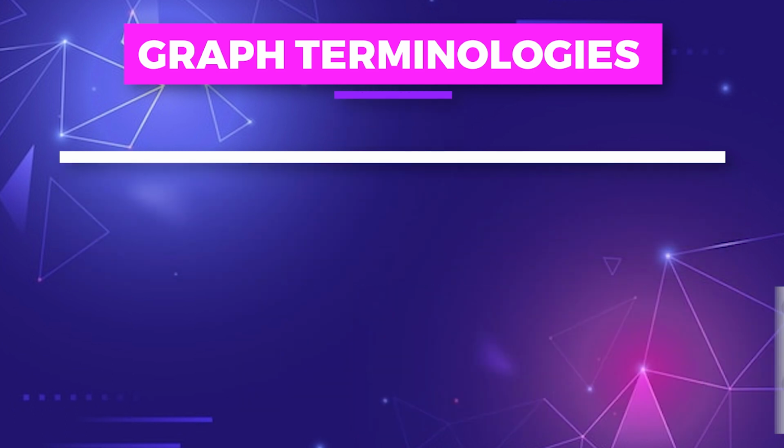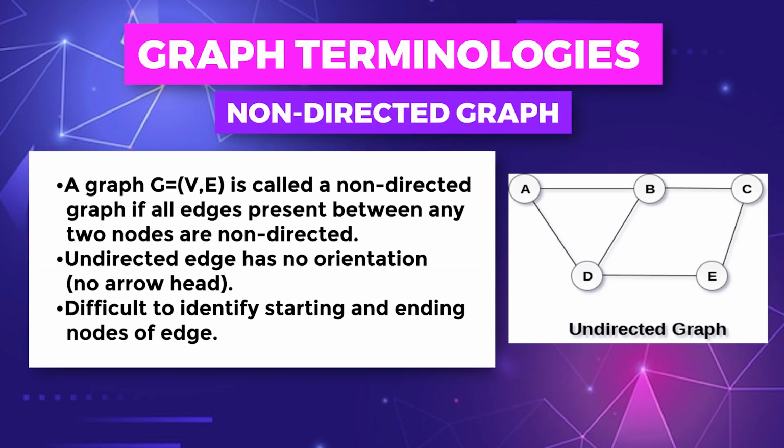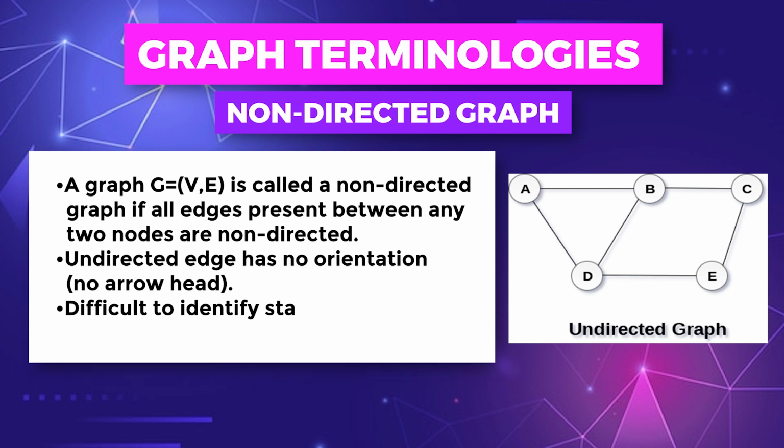and 5. A graph G equal to (V, E) is called a non-directed graph if all edges present between any two nodes are non-directed. In a non-directed graph, an undirected edge has no orientation, that is, no arrowhead. There is a difficulty to identify the starting and ending nodes of the edge in the case of a non-directed graph.